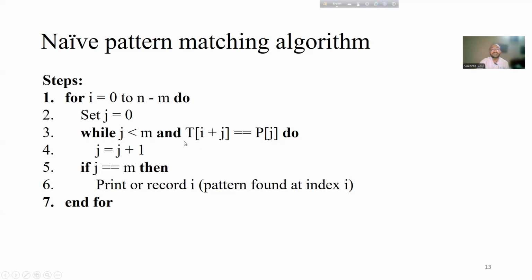If there is a match between t[i plus j] and p[j], that time only j will be incremented. After that, out of the loop, it will check the value of j and m. If there is equality between j and m, then print the pattern found at index i. Simply.